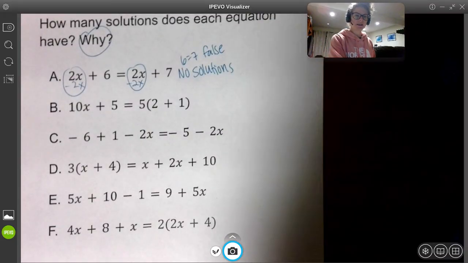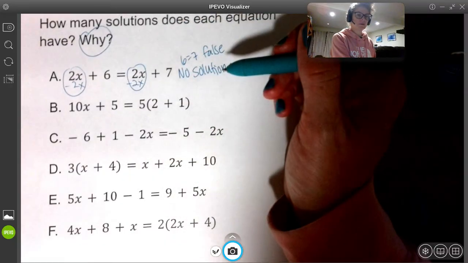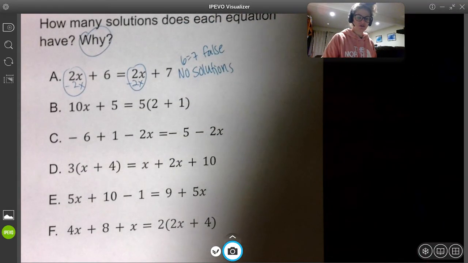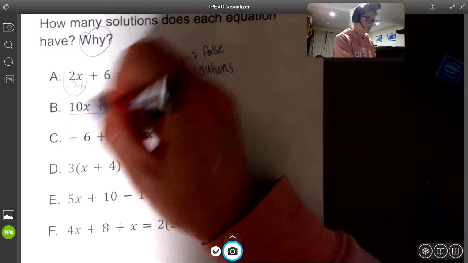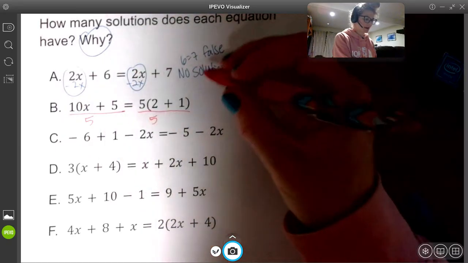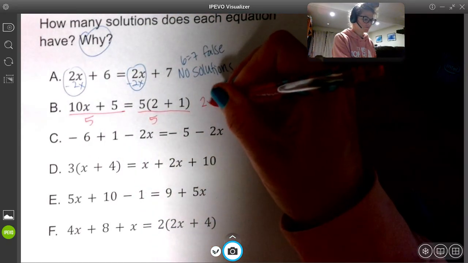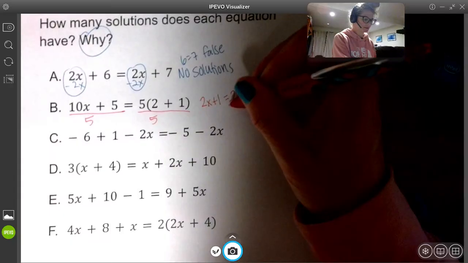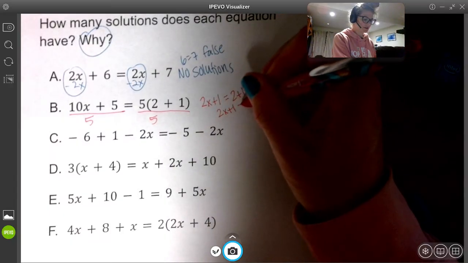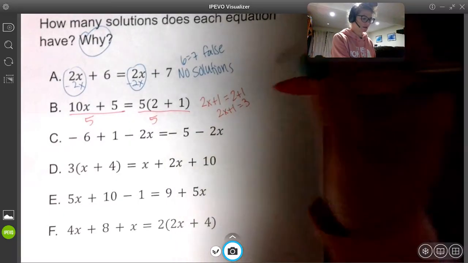If we look at the next one, if we wanted to solve by undoing distribution first, we would divide both sides by 5. And when we do that, you'd have 2x plus 1 is equal to 2 plus 1, or 2x plus 1 is equal to 3.